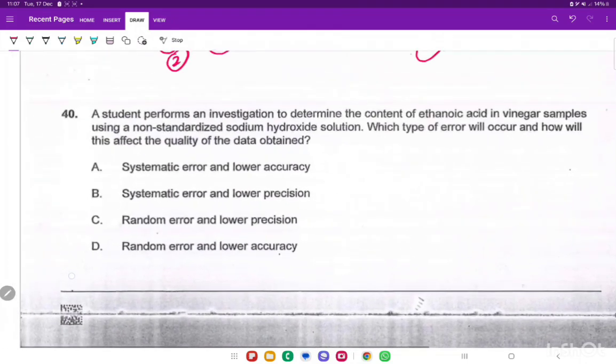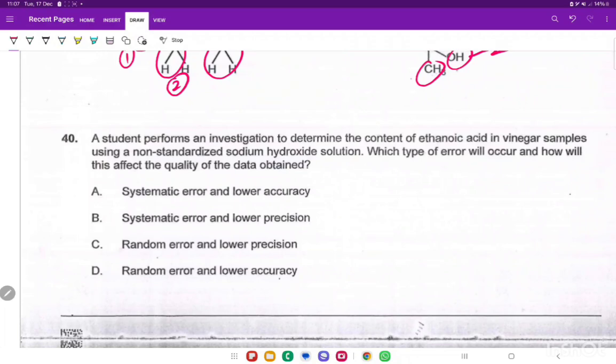And the last question, question 40. A student performs an investigation to determine the content of ethanoic acid in vinegar samples using a non-standardized sodium hydroxide solution. Which type of error will occur and how will this affect the quality of data obtained?